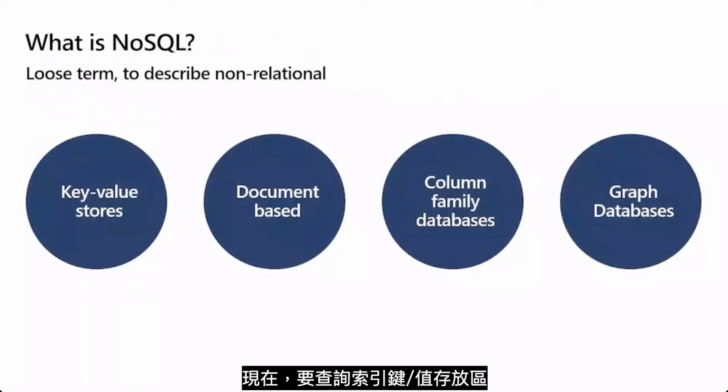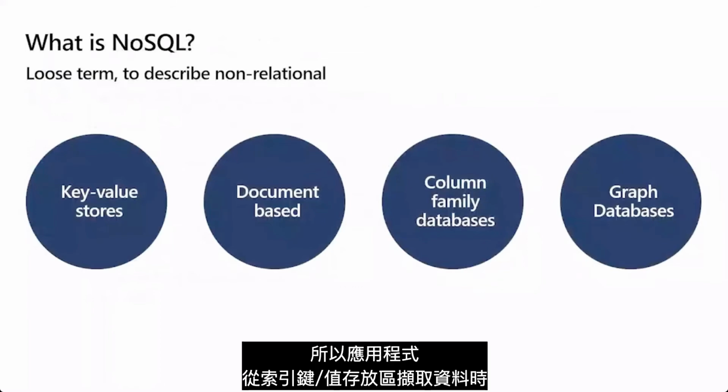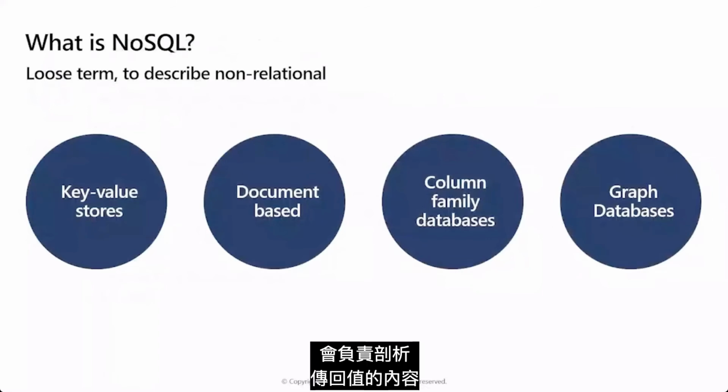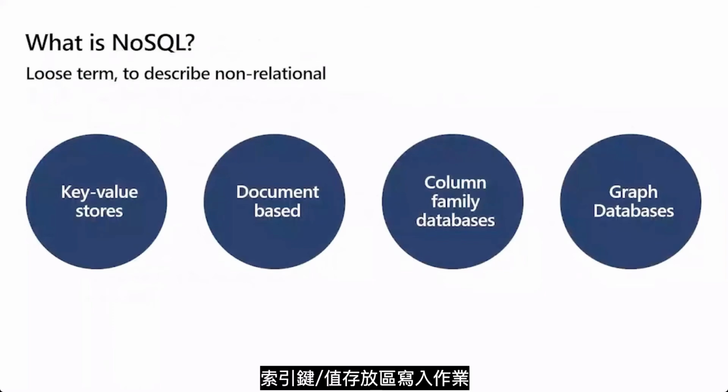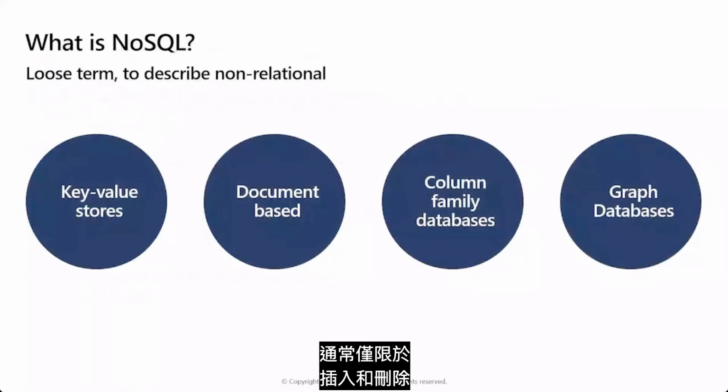Now, to query a key value store, we must specify the keys which identify the items to be retrieved. So you can't search on the values. An application that retrieves data from a key value store is responsible for parsing the contents of the values returned. Write operations for a key value store are typically restricted to inserts and deletes only.